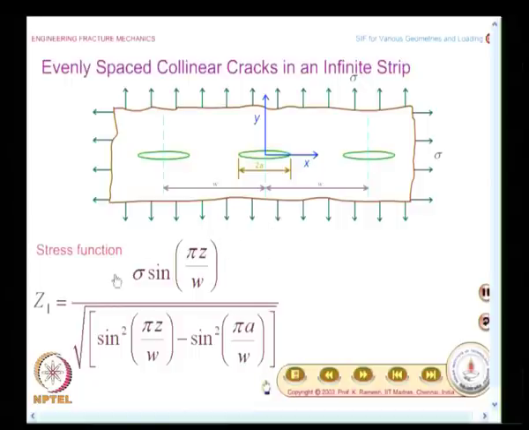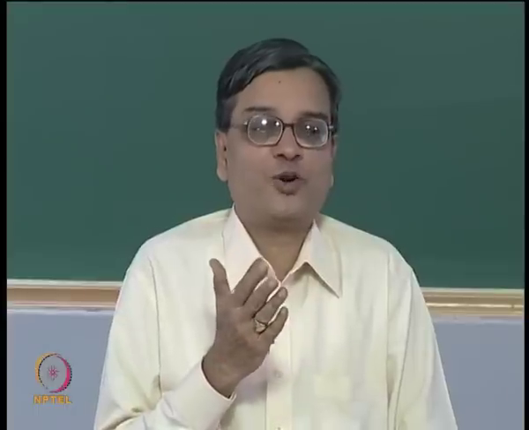And Westergaard in 1939 itself, in his original paper, he had obtained and reported this stress function. This is meant for evenly spaced collinear cracks in an infinite strip. See, for the first look of it, in which class of problems are we going to get evenly spaced cracks?